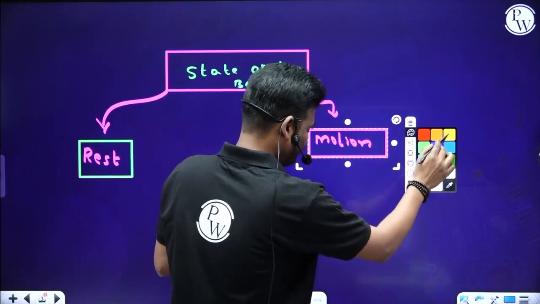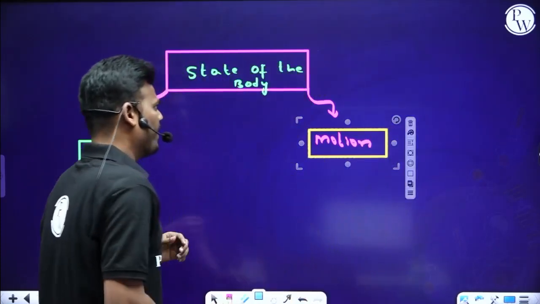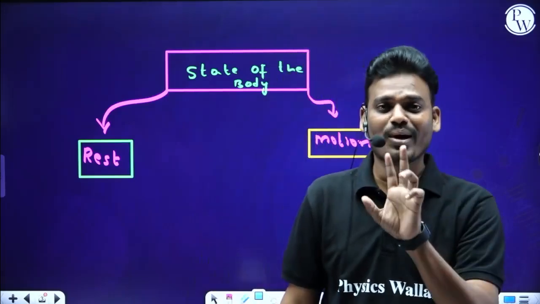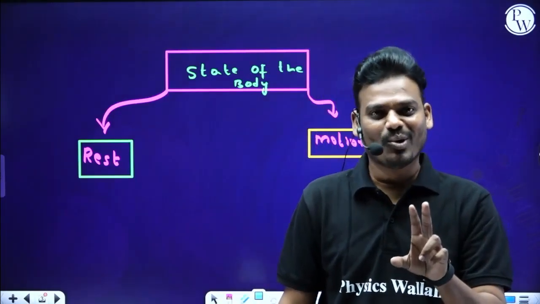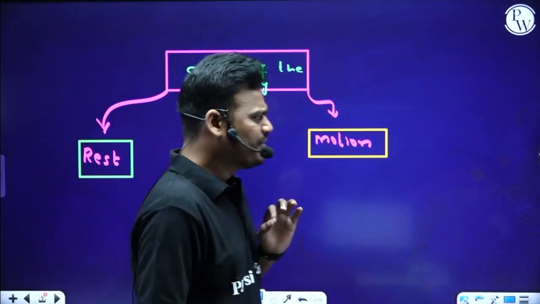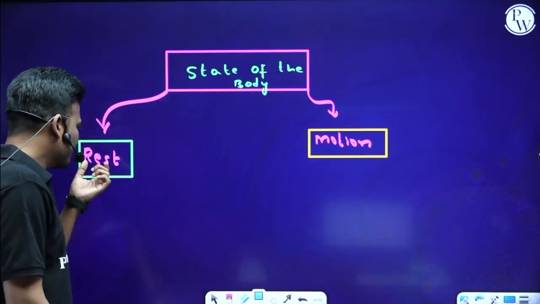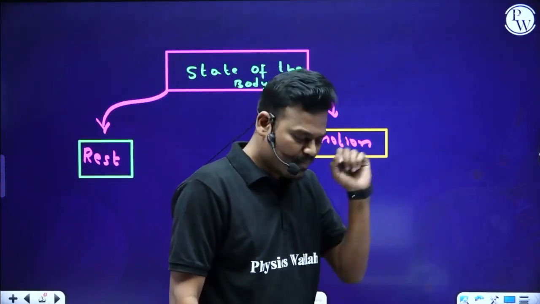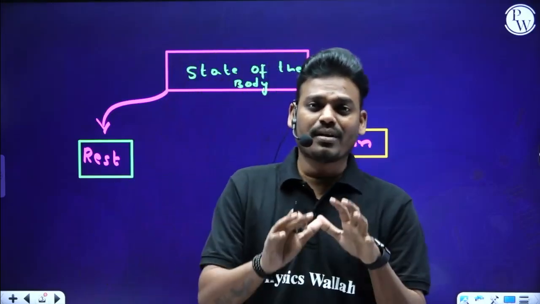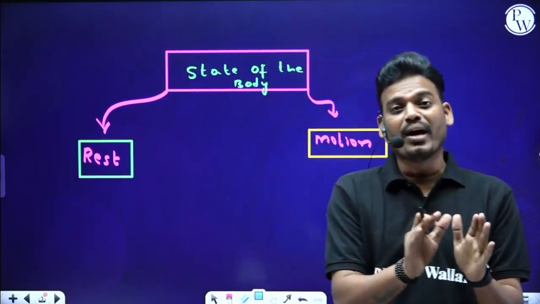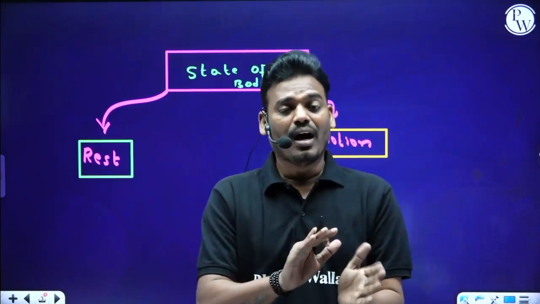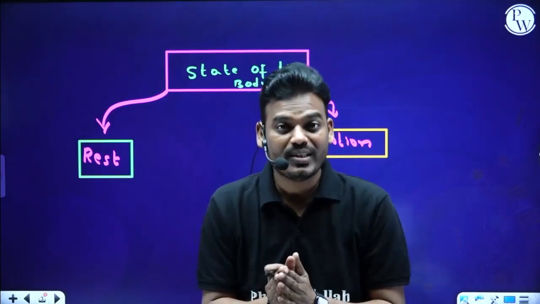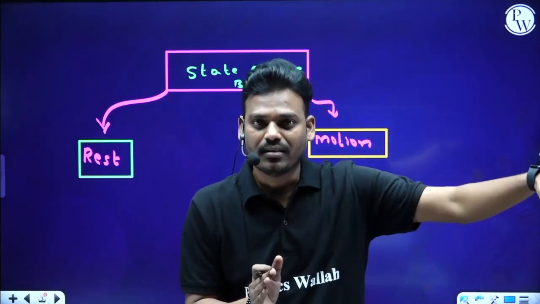The body may be at rest or in motion. There are only two states of the body. And in physics, what exactly does rest mean and what exactly does motion mean? For example, first we need to figure out a point of reference, that is, a reference point which you are going to consider.